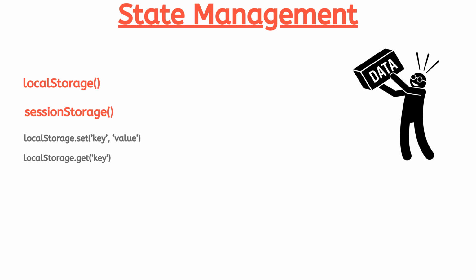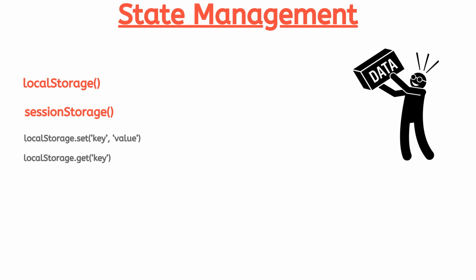But unfortunately, whatever data you set in local storage and session storage will be stored in the browser. It can be accessed in the browser, and even after you leave the computer, it will still be held in the browser itself. This will lead to security issues. So for that reason, it is better not to use local storage or session storage.